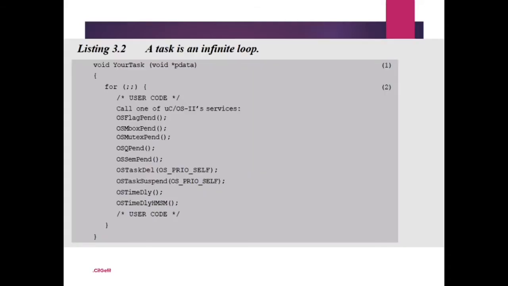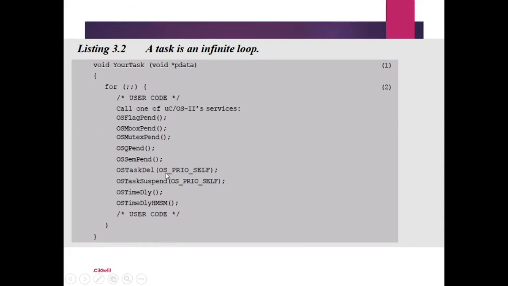What a task looks like in microC OS 2 is like this. Every task is an infinite loop, and it contains all the functions related to that. Each task may contain one of the microC OS 2 services, like mailboxes or semaphores, or these task functions or time delay functions like that.